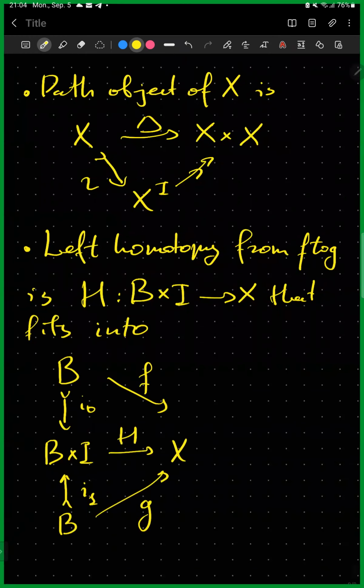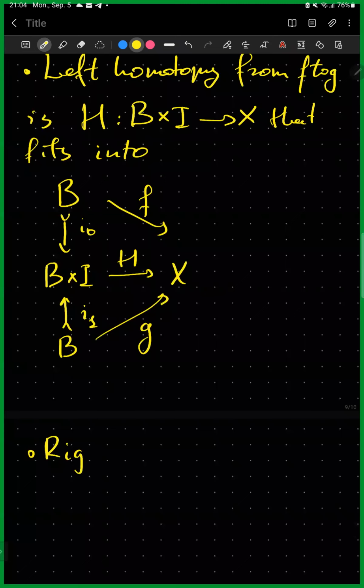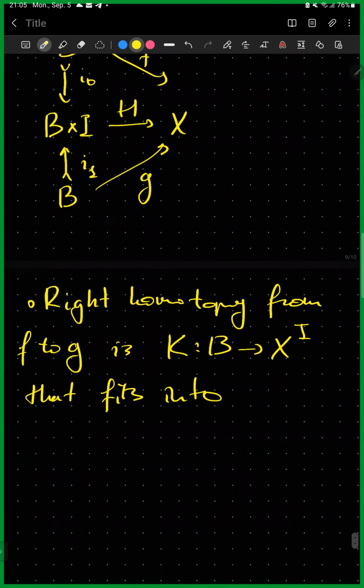And analogously, we define the right homotopy from f to g as a map K from B to the path object of X that fits into the following diagram.